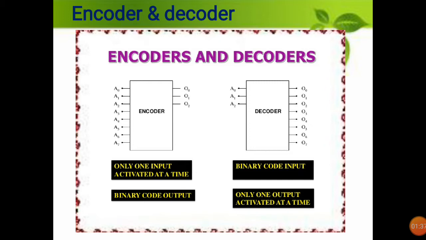So 3 outputs in the encoder. Now come to the decoder. The decoder has A0, A1, A2, 3 inputs here. Then if the decoder has n inputs, it means 2 to the power n outputs. It means 2 to the power 3, it is 8. So total 8 outputs from O0 to O7.